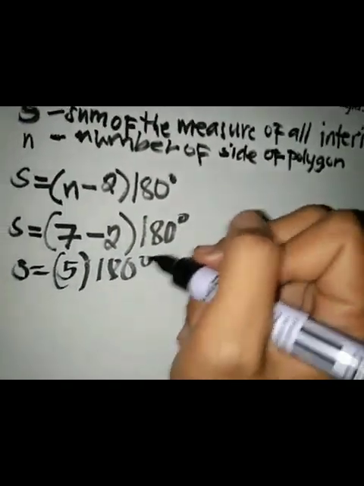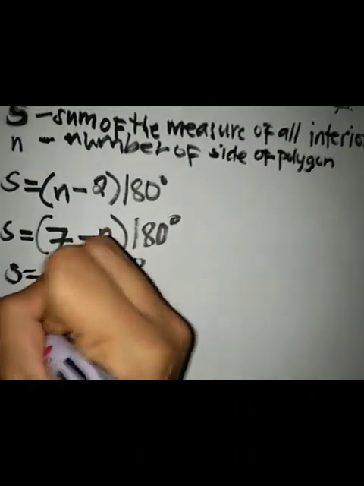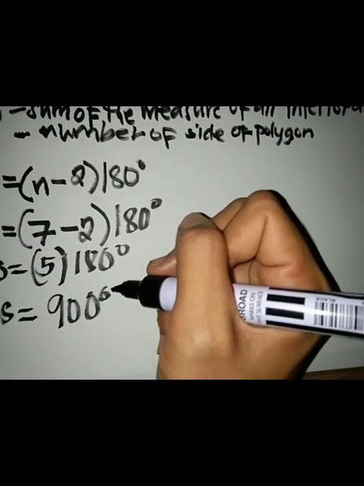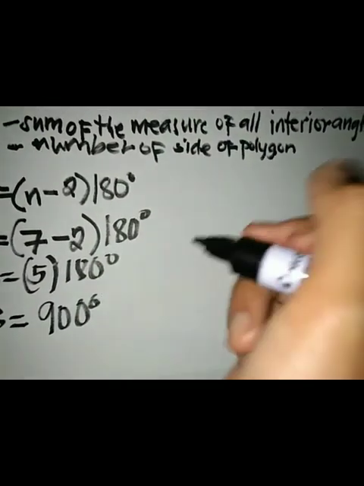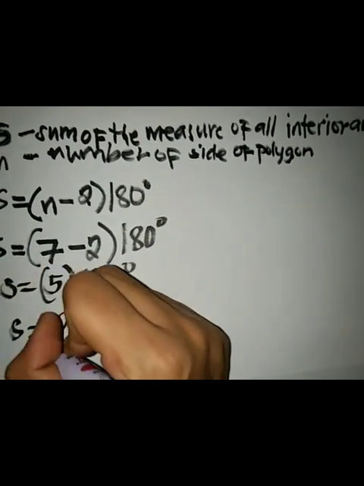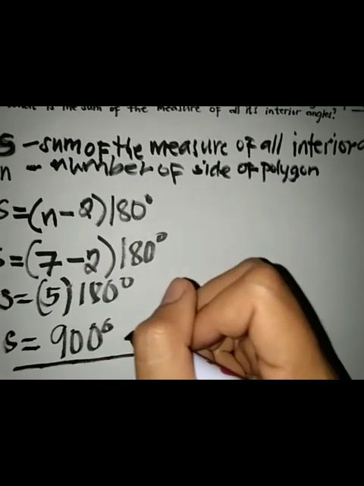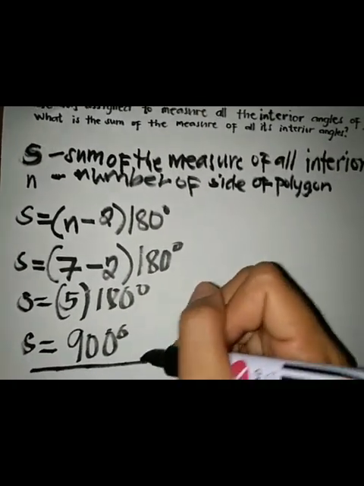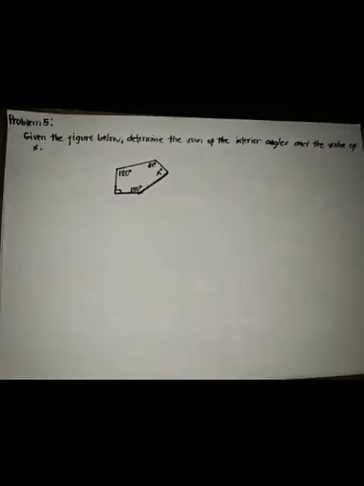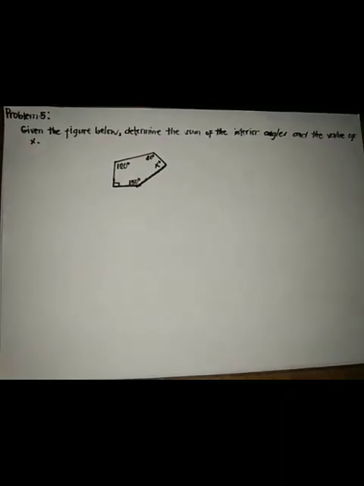So simplify, S equals 900 degrees. Therefore, the sum of the measure of all interior angles of a heptagon is equal to 900 degrees. So let's try another problem. This is the last problem.